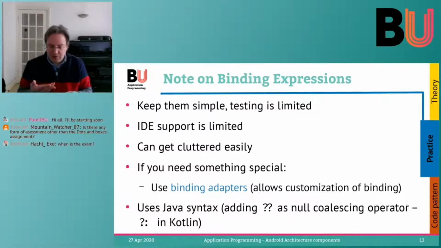It also, rather than the Elvis operator, question mark colon, that Kotlin uses, these binding expressions use double question mark for the same purpose. So if the value is null, it does that. It does not have question mark dot. Instead, if you call a method on a null property, it will just return null always. So it basically always does what Kotlin does with the question mark dot.